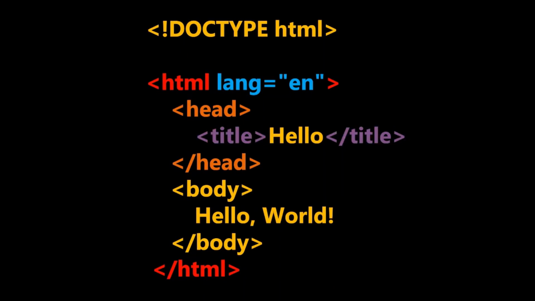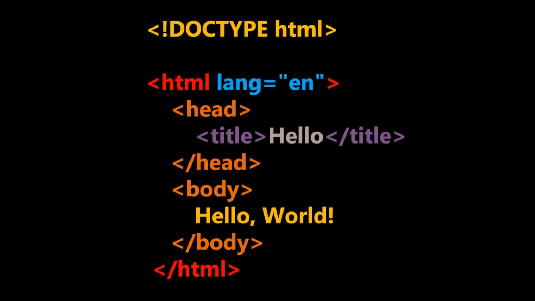And here, we see a title tag, again, indicated by the word title in those angled brackets, followed by the end of the title tag, indicated by a slash before the title. And in between the two title tags is the word hello, which means the title of this page should be the word hello. And that's all the information we'll have in the head of the page. We'll add more information there later, but for now all the web page needs to know is that it has a title, and the title is the word hello.